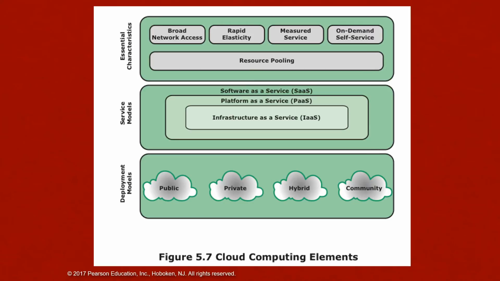Examples of resources include storage, processing, memory, network bandwidth, and virtual machines. Even private clouds tend to pool resources between different parts of the same organization. NIST defines 3 service models, which can be viewed as nested service alternatives.